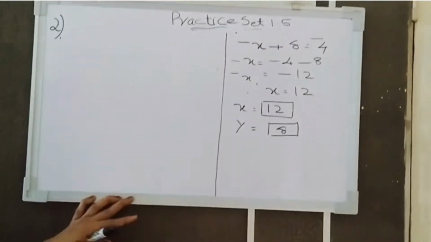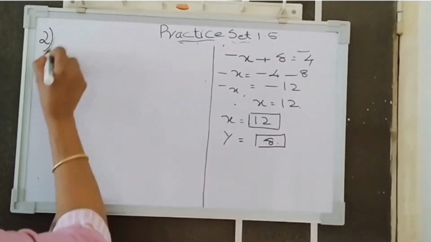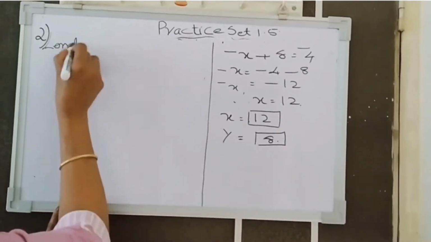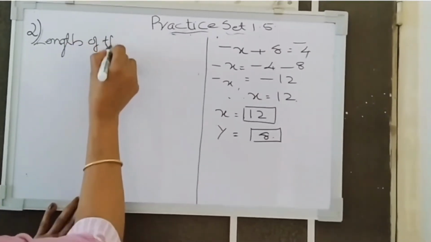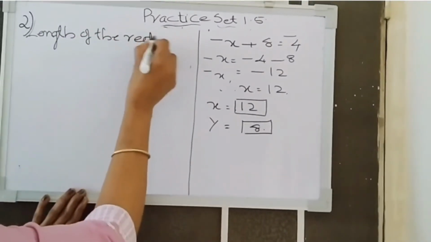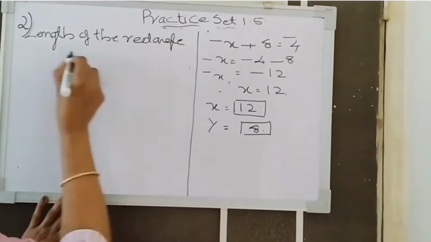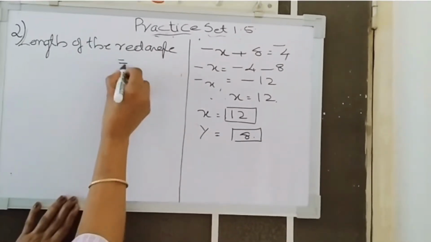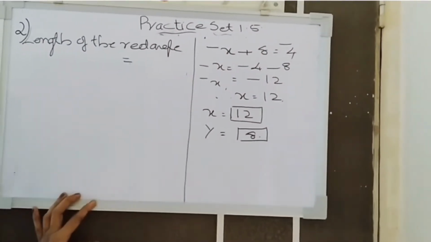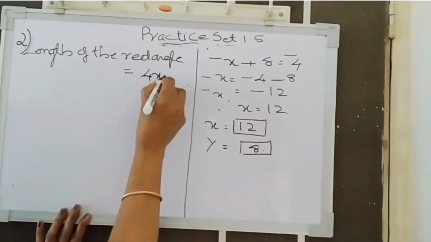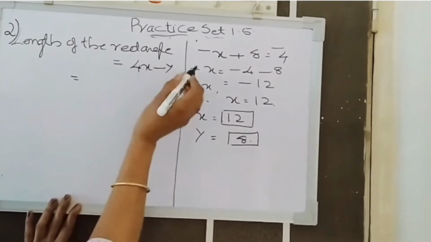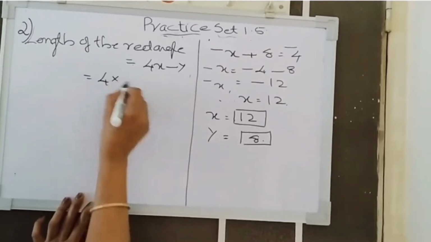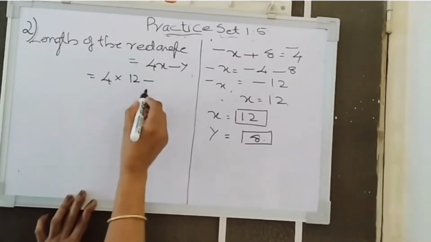Then length of the rectangle is given as 4x minus y. Therefore, substitute the values of x and y. 4 into 12 minus y equal to 8.